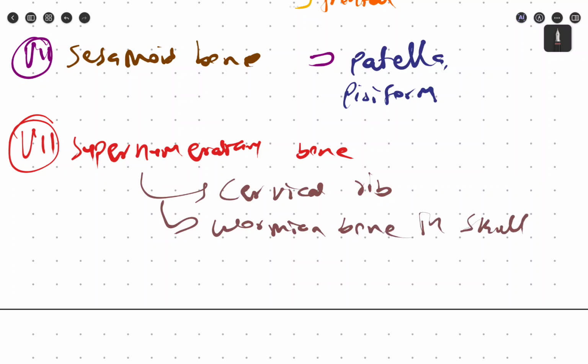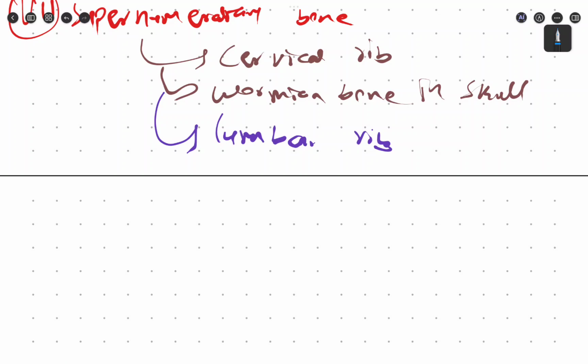It is not generally present, but if your skull has delayed fusion due to hydrocephalus, you may have one extra bone. For example, a lumbar rib may be present. So these are not generally present, but may be present in some persons. These are supernumerary bones. So based on this, there are seven types of bone based on shape.